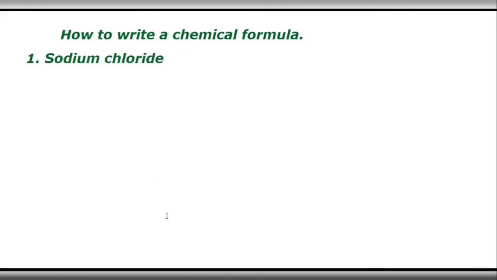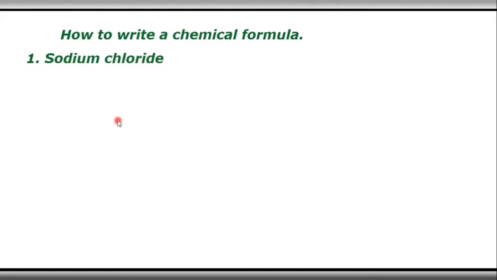For writing a chemical formula, we already discussed earlier that we should know the symbols for the constituent elements and their valencies. So here, in the compound sodium chloride, the constituent elements are sodium and chlorine.